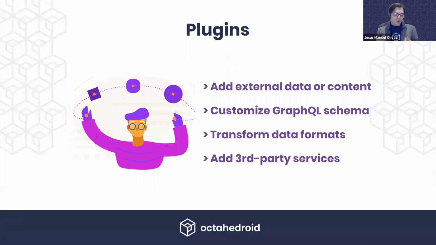What if I need to transform data? Think about this. Another benefit of Gatsby is that it does a great job transforming data. You can provide Gatsby markup, and Gatsby can take that markup and turn it into HTML.